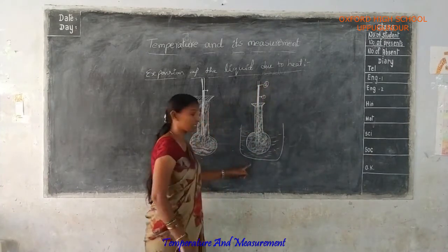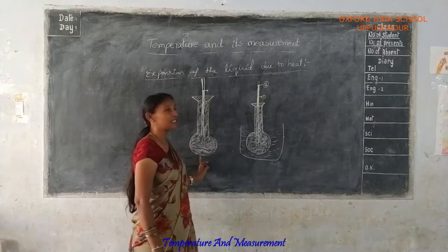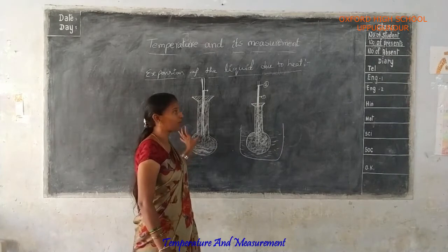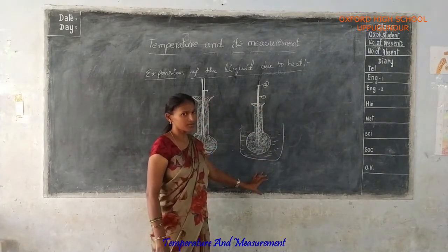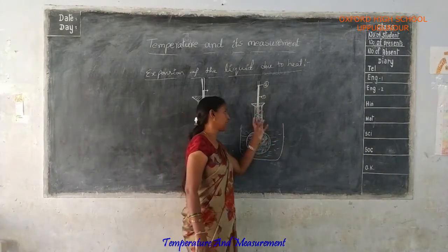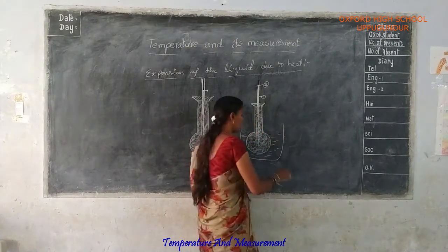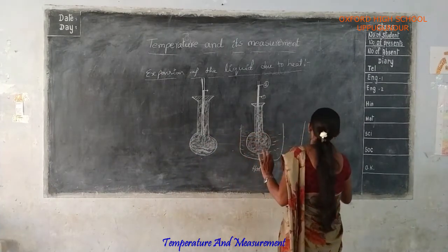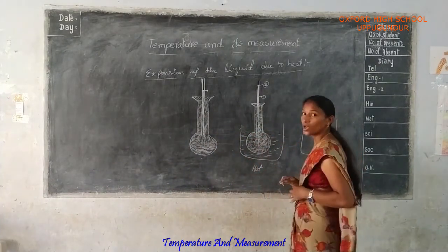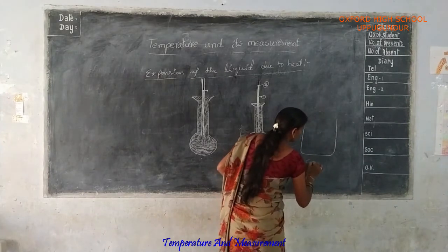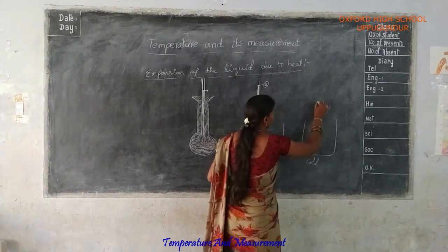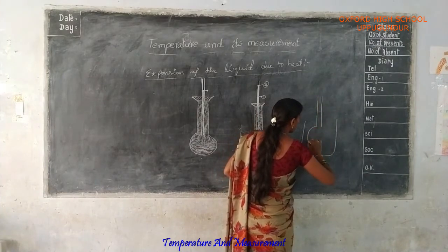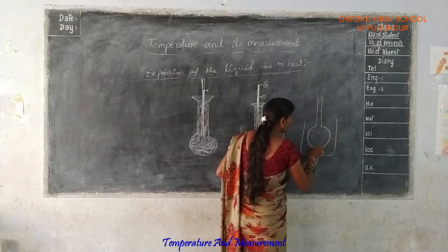Yes or no? So this is the warm water, and here we keep it outside. First, arrange the system and next keep it in the warm water. And next, this bowl is kept in cold water. This is the hot water only. Next, this flask is kept in cool water. Okay, and same thing again, identify the colored water levels.